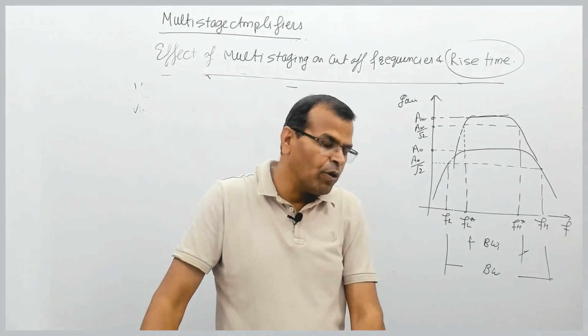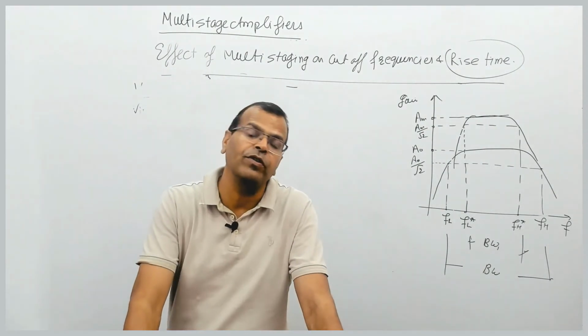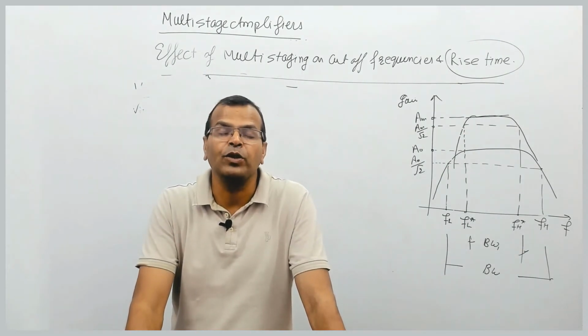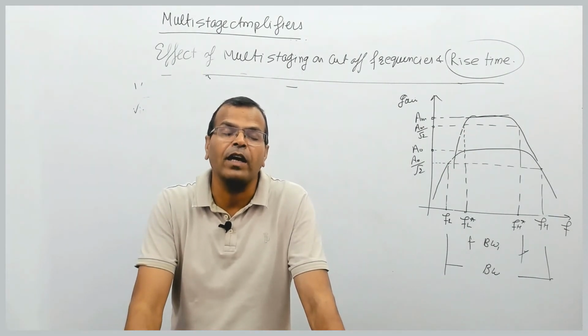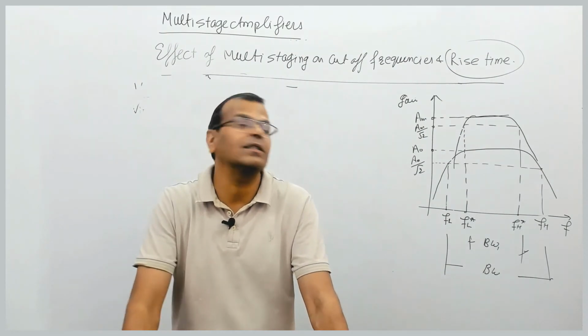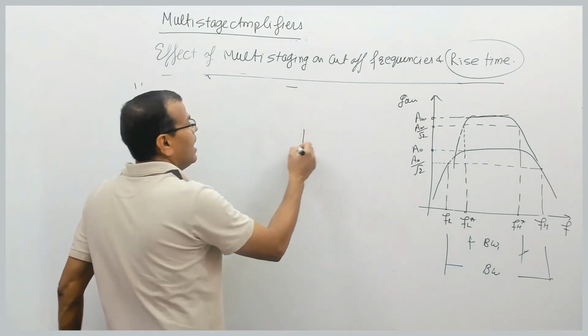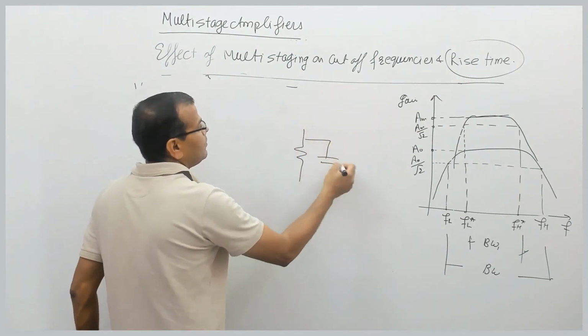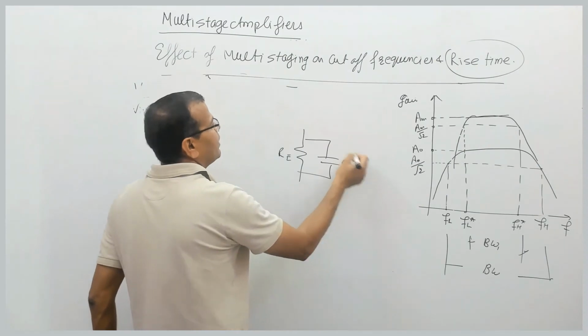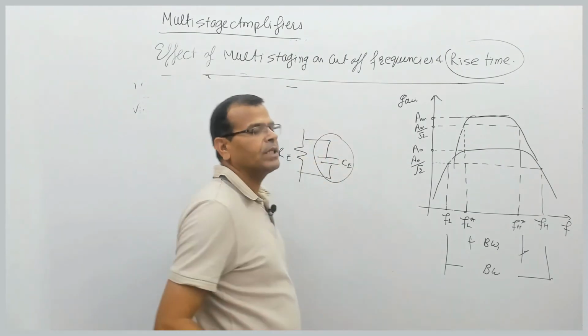And there is one more point from the engineering services point of view. The emitter bypass capacitor, which is used in multi-stage amplifiers, RC coupled amplifiers and transformer coupled amplifiers, is connected across the emitter resistance RE.